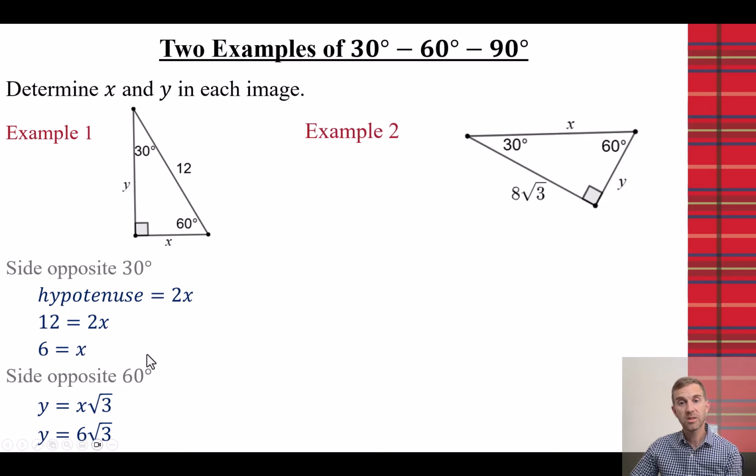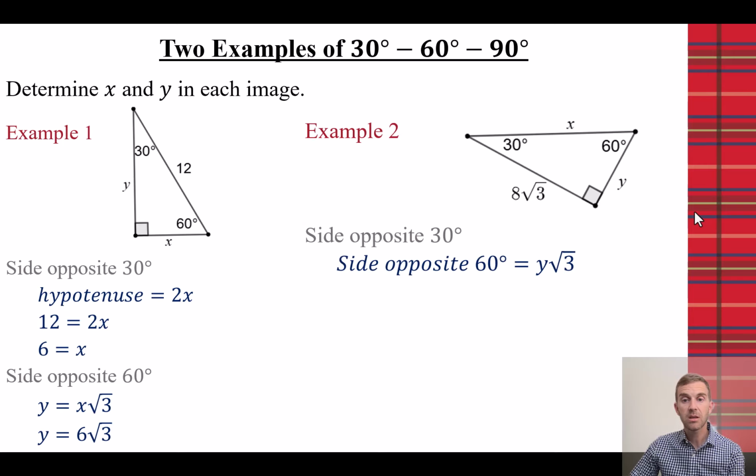Now we can look at one other example here. Say in this case we have the side opposite the 60 degrees. Now again, let's figure out this relating angle from across from the 30 to start with, because everything in the 30, 60, 90 relates back to it. So we know that the side opposite 30 is going to be times the square root of 3 to create the side opposite 60.